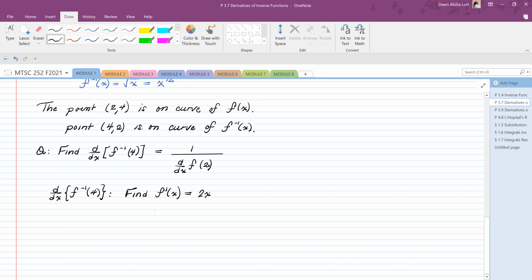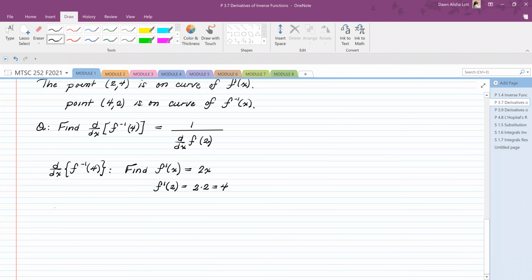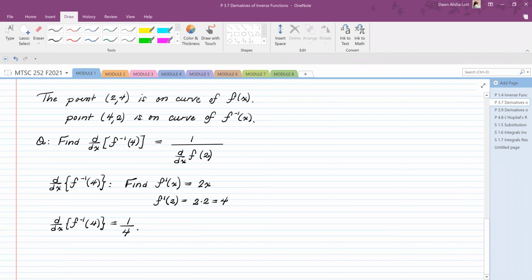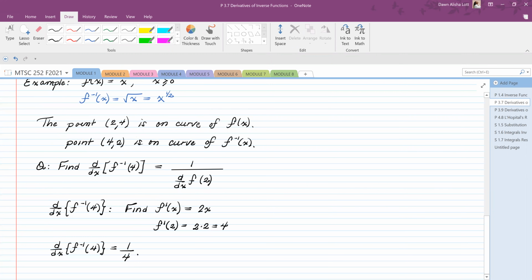Then take f prime of 2. That's 2 times 2 equals 4. Therefore, the derivative with respect to x of f inverse at 4 is 1 over 4. And I didn't even have to find the derivative of f inverse.